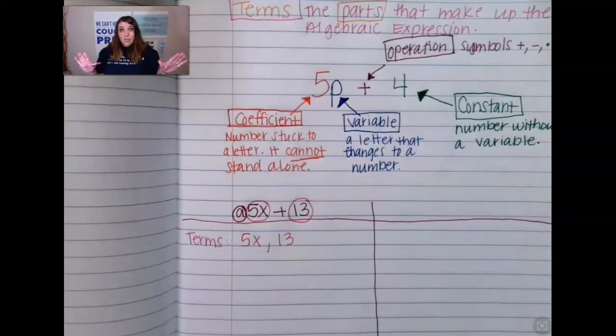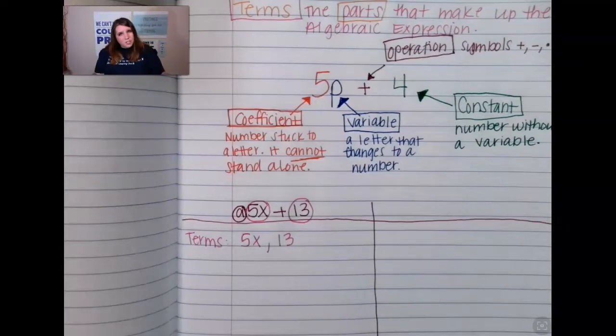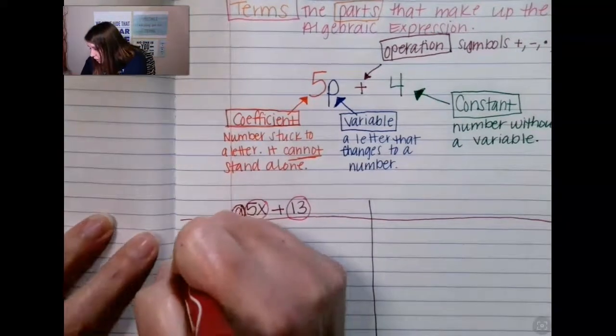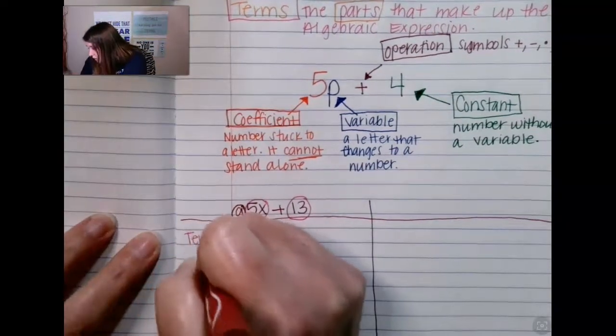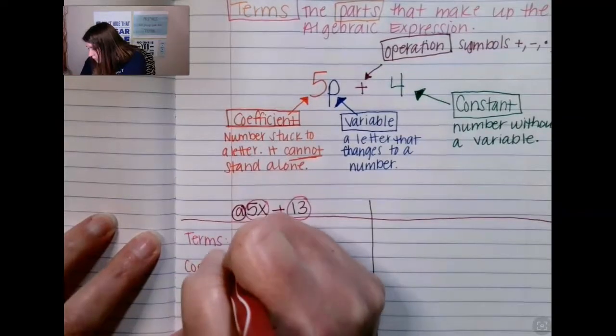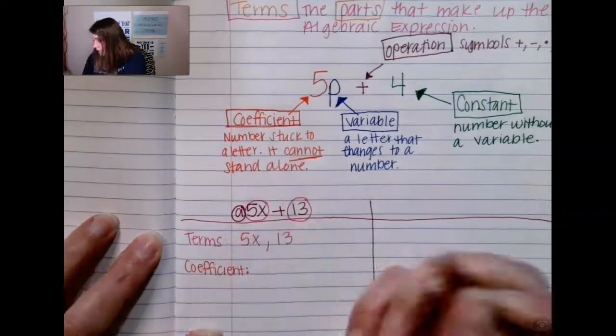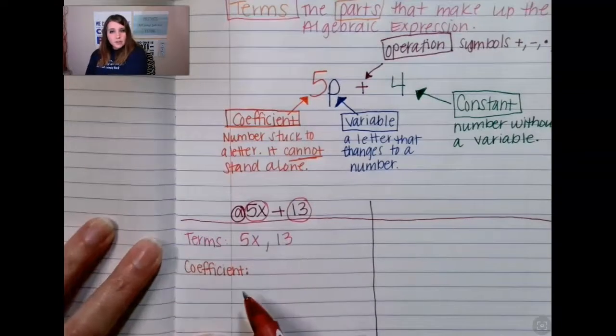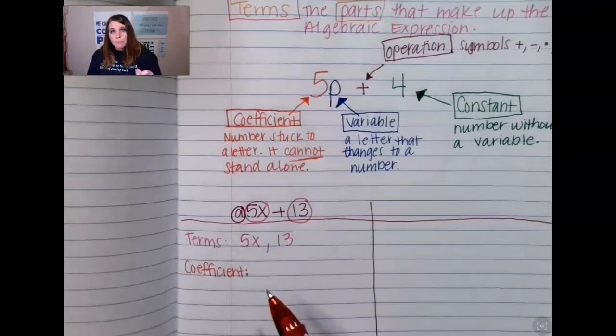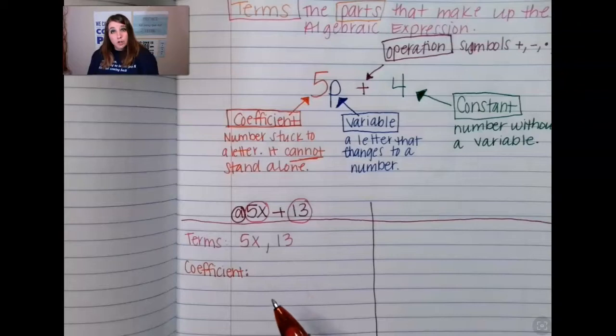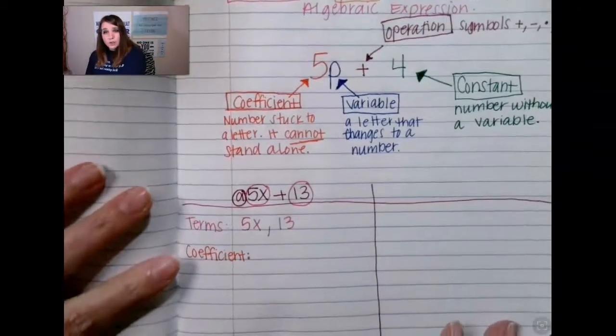But wait, there's more, okay? Which one of these is the coefficient? Is there a coefficient? Do we have coefficients here? Yes. So the terms are the list. The coefficient is the type of term that we have.